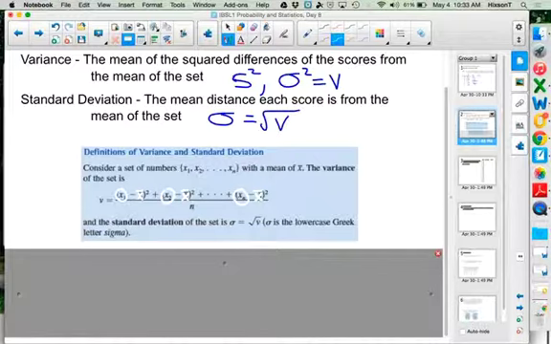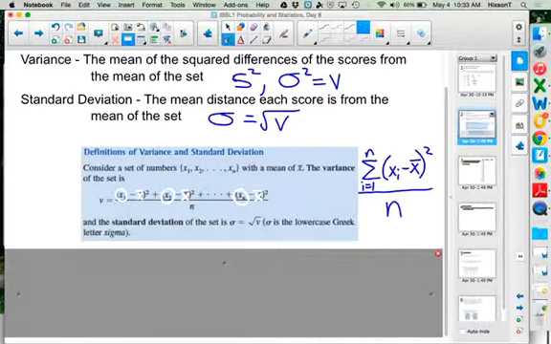Another notation for this, and this is one that's a little more common because it uses sum notation, is that your variance is the sum from i equals 1 to n of x sub i minus x bar squared, all over n.